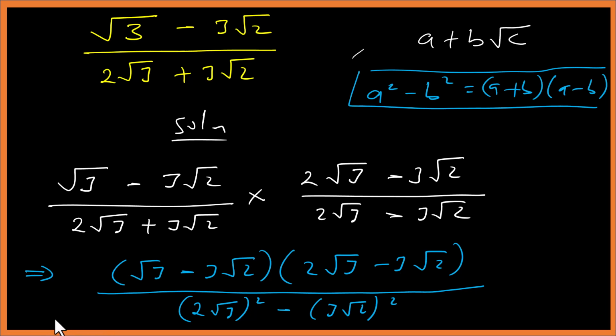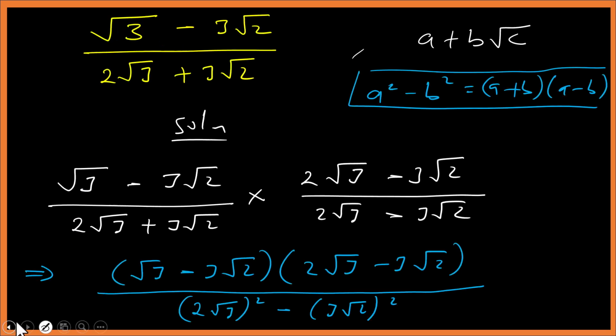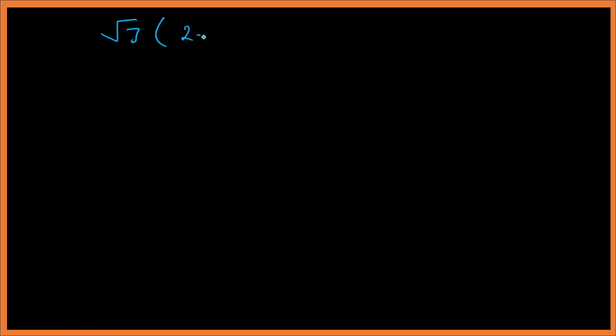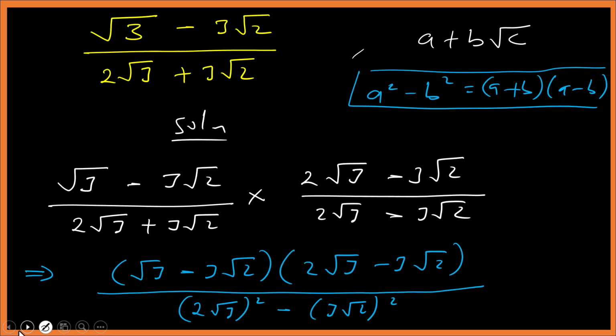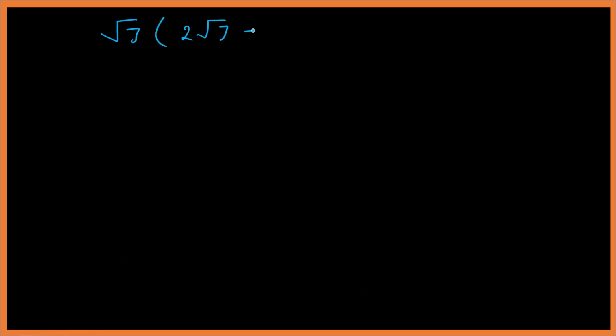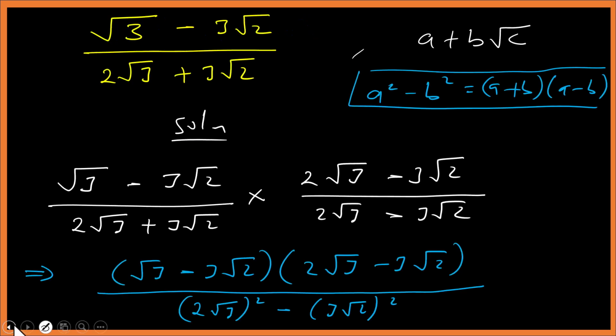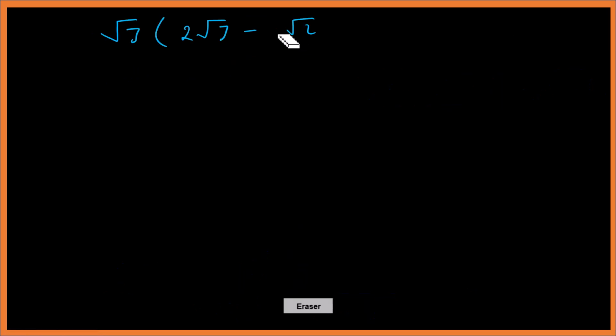So we have root 3 times 2 root 3, 2 root 3 minus 3 root 2. It's 3 root 2 rather.